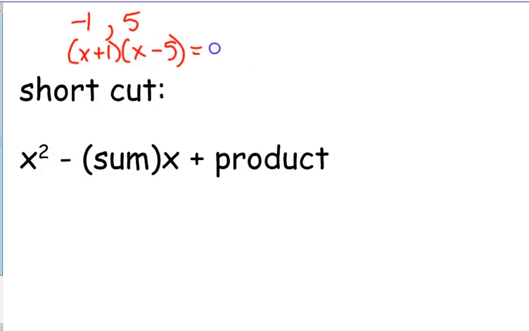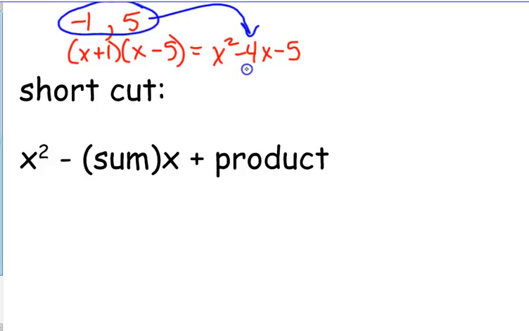When I FOILed it out, I'd get x squared minus 4x minus 5. These two numbers add up to the opposite of that. Those two numbers multiply to make this. Okay? There's no reason to do that. We know how to FOIL.